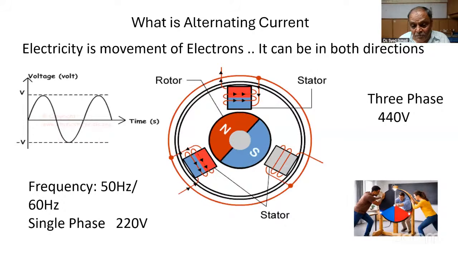Depending on the center magnet, how it's rotating, the direction of the flow of the electrons changes. Now in this image, you will see all the 3, we use 3 coils. So when I rotate the center magnet, I will get electricity flowing in the 3 coils. So I got 3 phases. I mean, 3 sources of generation I have.